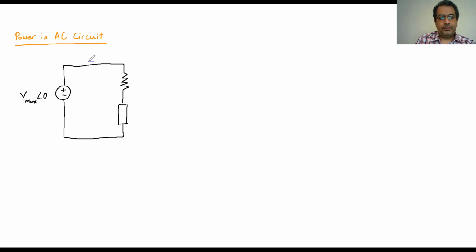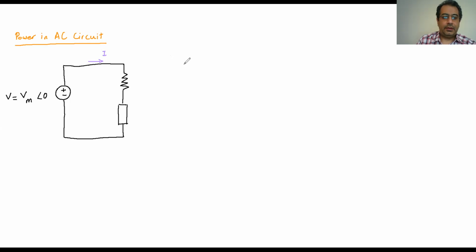I'm going to put Vm instead of Vmax. So this is the Vm, actually the Vmax, and then we have the I that is going through here. I'll show you how we calculate that.